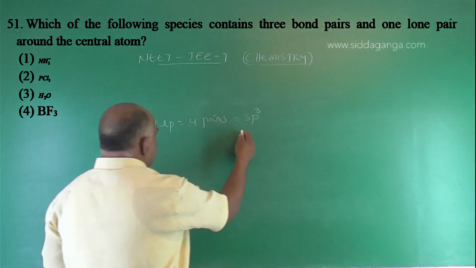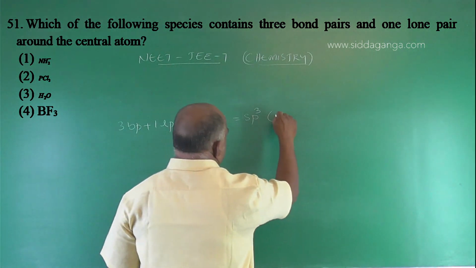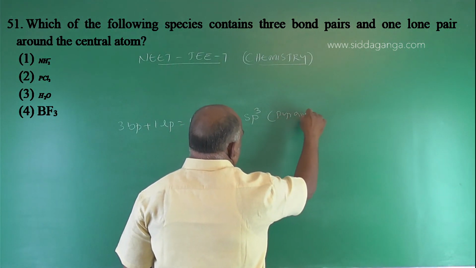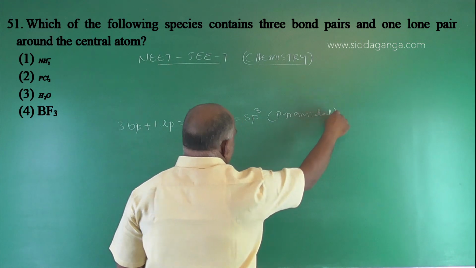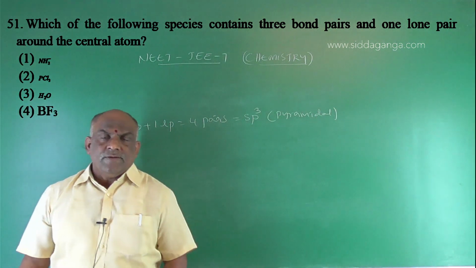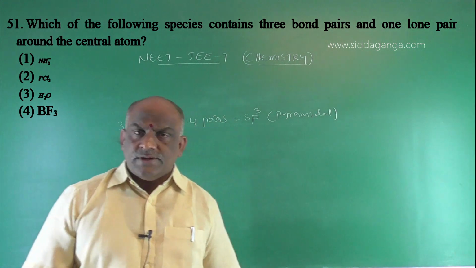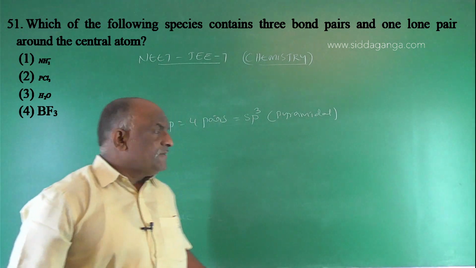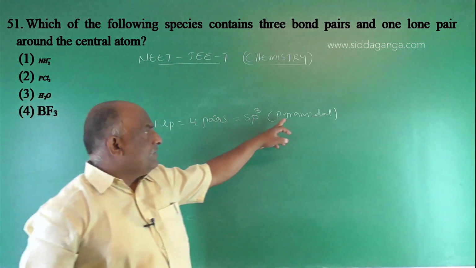Generally in sp3 hybridization, the shape depends on the number of pairs. With 3 bond pairs and 1 lone pair, the shape of the molecule is pyramidal.